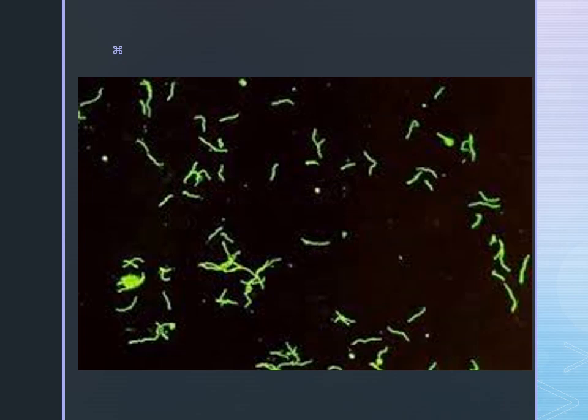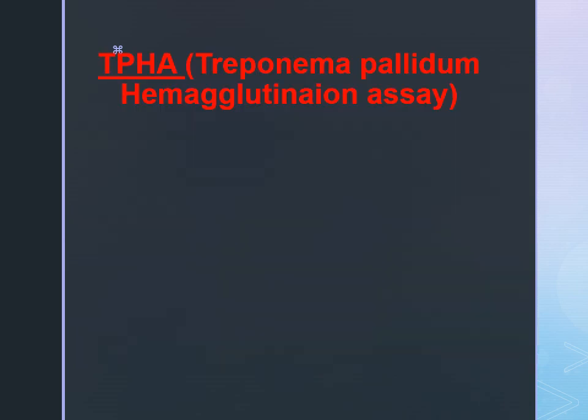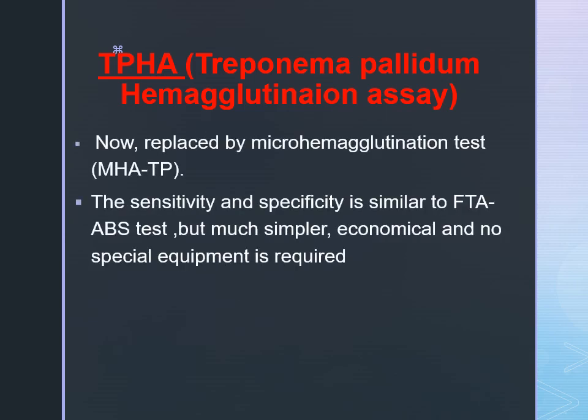Another test that is being preferred as the confirmatory test जो हम करते हैं usually VDRL के बाद, जो second confirmatory test हम करते हैं, that is TPHA, Treponema pallidum hemagglutination assay. और उसका भी एक न्यू वर्जन आ गया, that is now replaced by the micro hemagglutination test, that is the MHA-TP test.